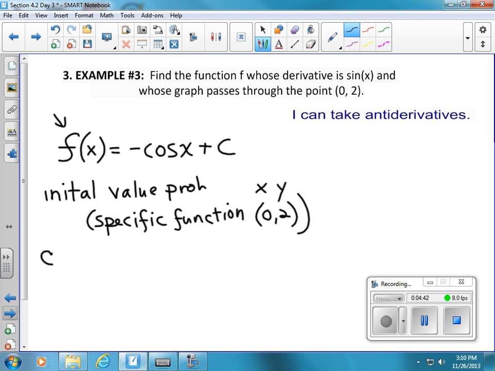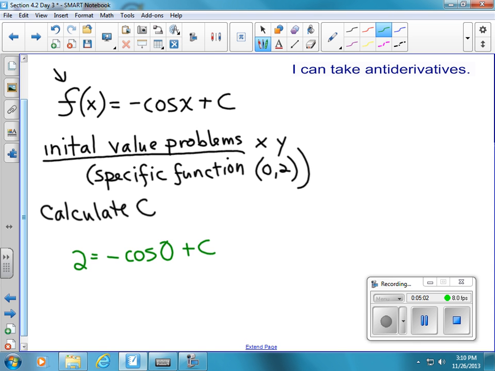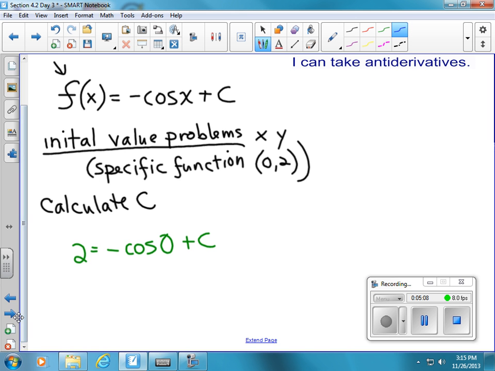Okay, initial value problems, you're going to see these, they're always on the AP test. And with them we have to calculate c. So, in order to calculate c, we plug in the x and y. So 2 equals negative cosine of 0 plus c. If we continue to solve this for c, we get 2 equals negative 1 plus c.